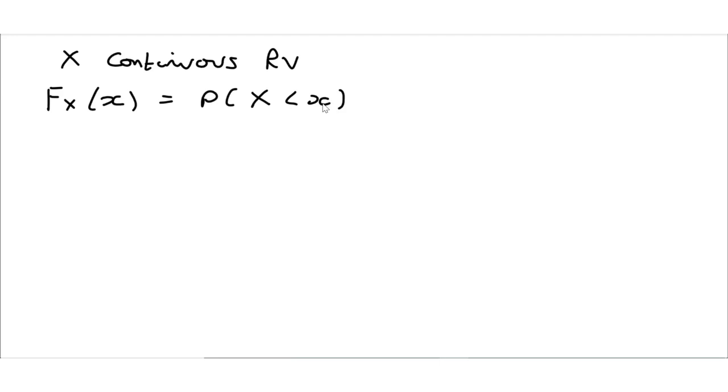Okay, so that's a well-defined quantity that we can define for discrete distributions as well, but also for discrete distributions we have something called a PMF, which gives us the probability that X is equal to x.